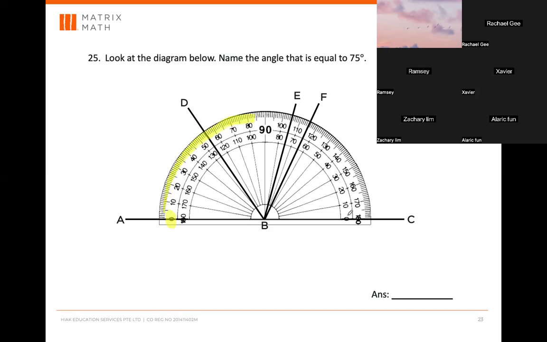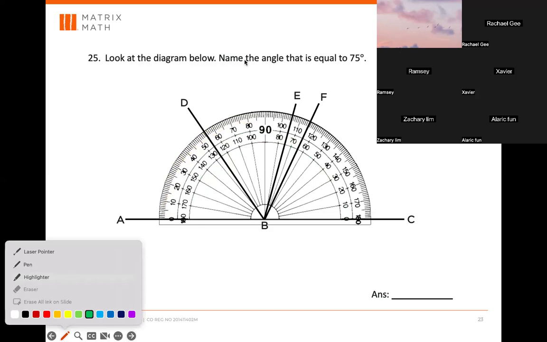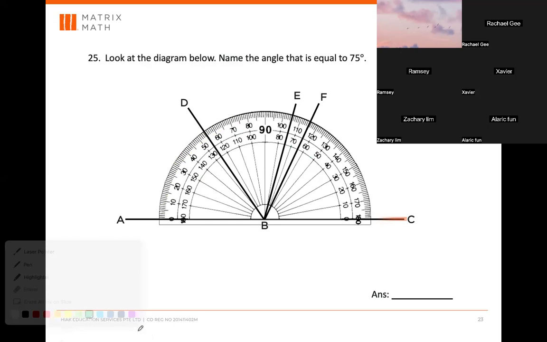On your right hand side, the 0 is actually at the inner part. Most students make the mistake of looking at it the wrong way. So you need to find the angle that is equal to 75 degrees.